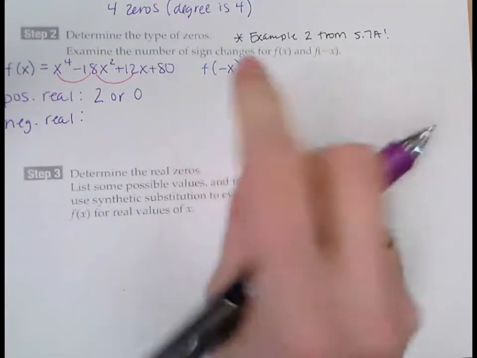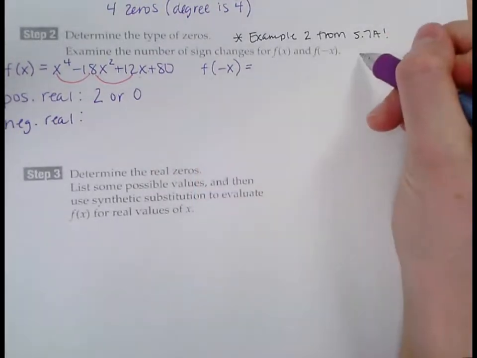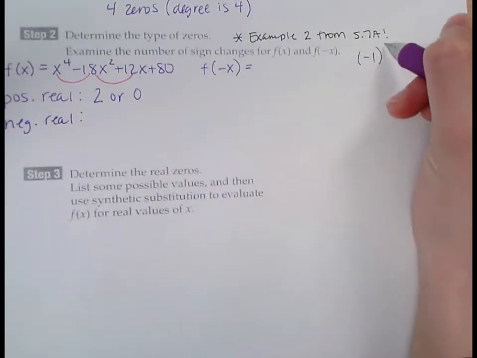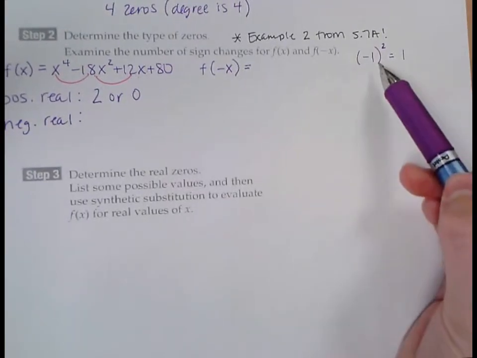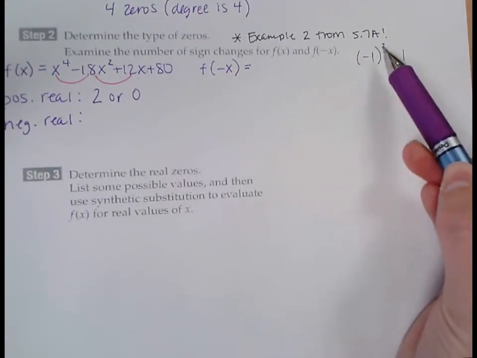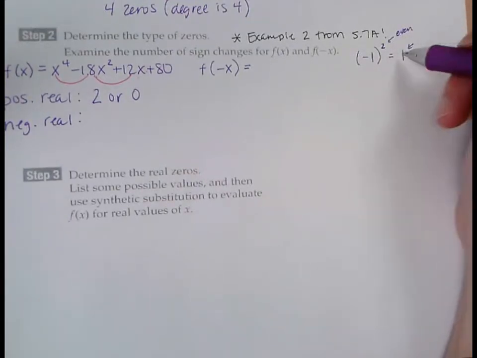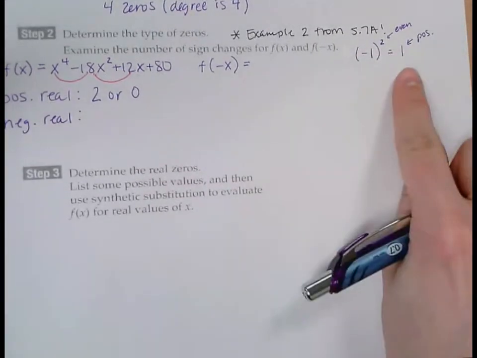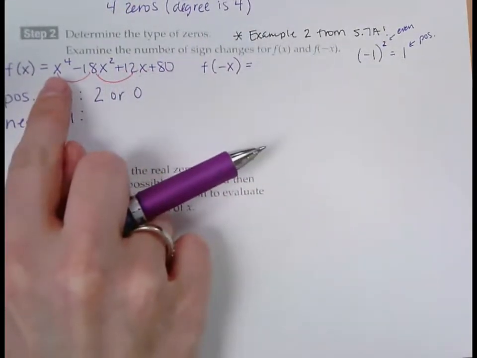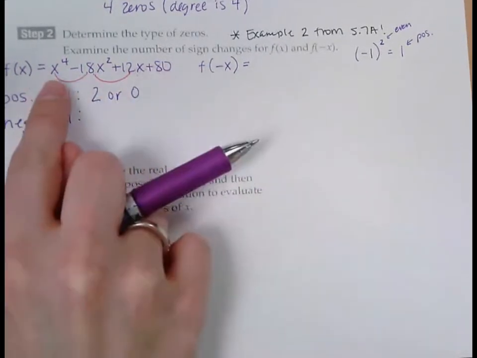Really, I'm going to focus on the negative part of this, the -1 that's in front of the x. If I raise -1 to the second power, what is that equal to? +1. So when you raise a negative number to an even exponent, the outcome is positive, which means anywhere I have an even exponent, if I replace, say, x to the fourth with negative x, it's not going to change.